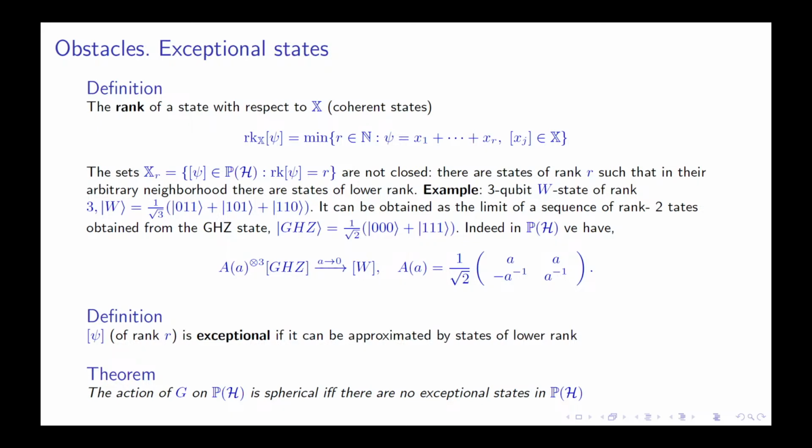And it can be obtained as a limit of a sequence of rank 2 states, of the GHZ type. And this is something which can be easily checked: by this limiting procedure, you can obtain the rank 3 state from a sequence of rank 2 states. And for such states, this action cannot be spherical, okay?